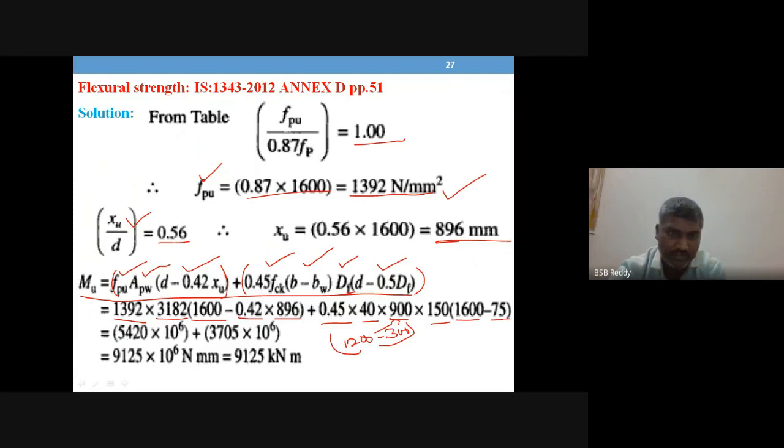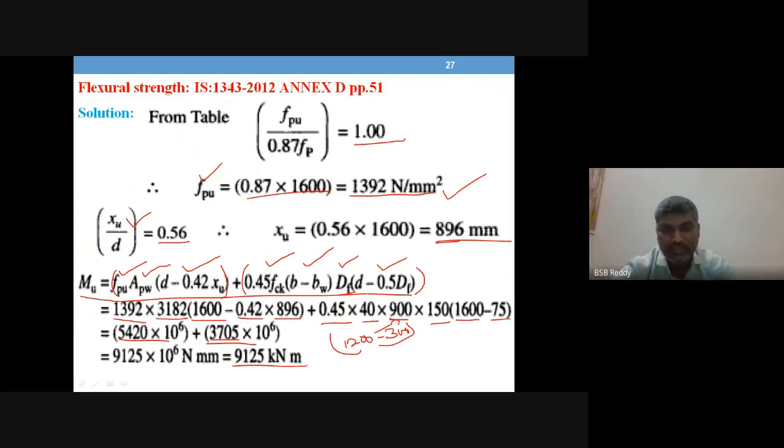So that is giving you, now you can see it here, 5420 kilonewton meter is the moment of resistance from web. Major portion is resisted by web, whereas 3705 kilonewton meter is from flange. So both together, 9125 kilonewton meter it can resist.